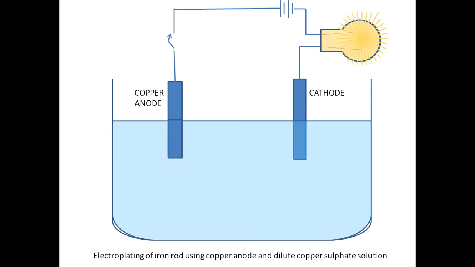Here you can see on adding dilute copper sulfate solution, the bulb glows up, means the electricity is conducted. Dilute copper sulfate solution dissociates to form 4 different ions. Water dissociates to form H positive and OH negative, and copper sulfate dissociates to form Cu 2 positive and SO4 2 negative sulfate ion.